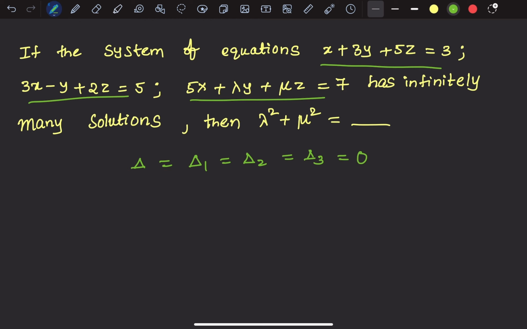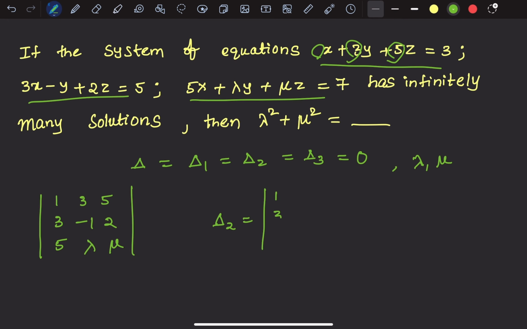Now the task is to find lambda and mu. What is delta? Delta will be 1, 3, 5, the coefficients of the first equation, and 3, minus 1, 2, 5, lambda, mu. So this is delta. Let us see what delta 2 is.